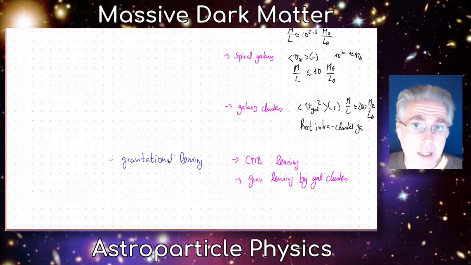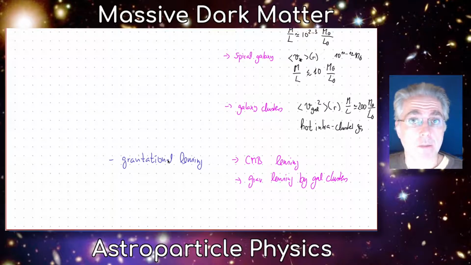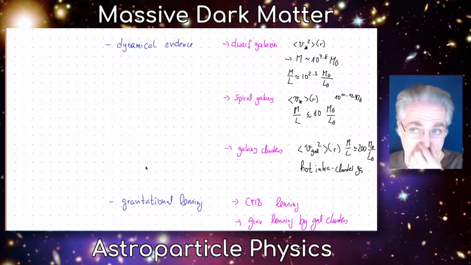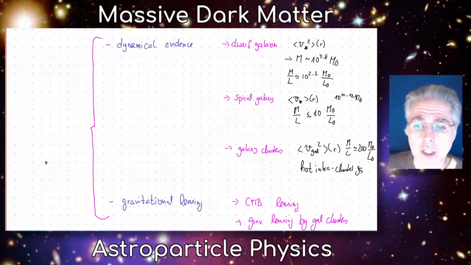I gave one exception, that's the globular clusters. And the behavior that we see is that this dark matter component which is present is only visible through gravitational interaction. So we don't have any other means of detecting it so far, and so this is always constrained to be gravitational interaction.